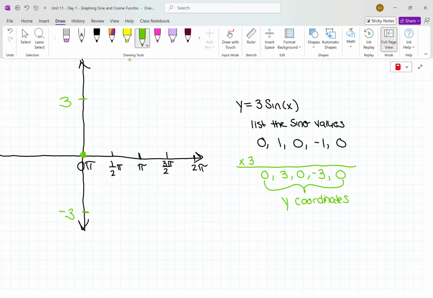And then at a half pi, I'm going all the way up to what? 3. And then at pi, I'm back down to 0. At 3 over 2 pi, I'm all the way down to -3. And then at 2 pi, I'm back up at 0.